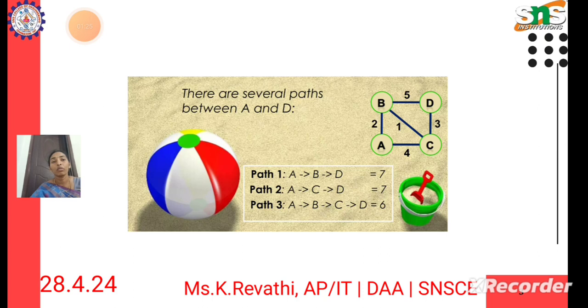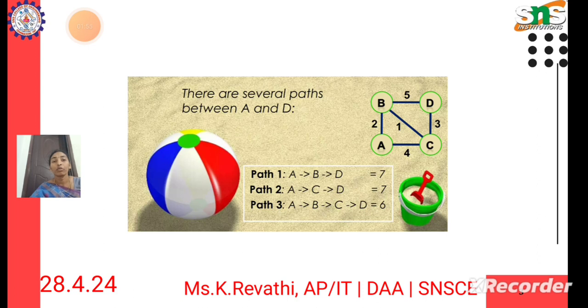Here for path 1, the source node is A and the destination is D. We have to reach from source to destination using some intermediate nodes. Path 1 will be A to B and B to D. The intermediate node here is B. The total path will be calculated as 2 plus 5 is equal to 7.